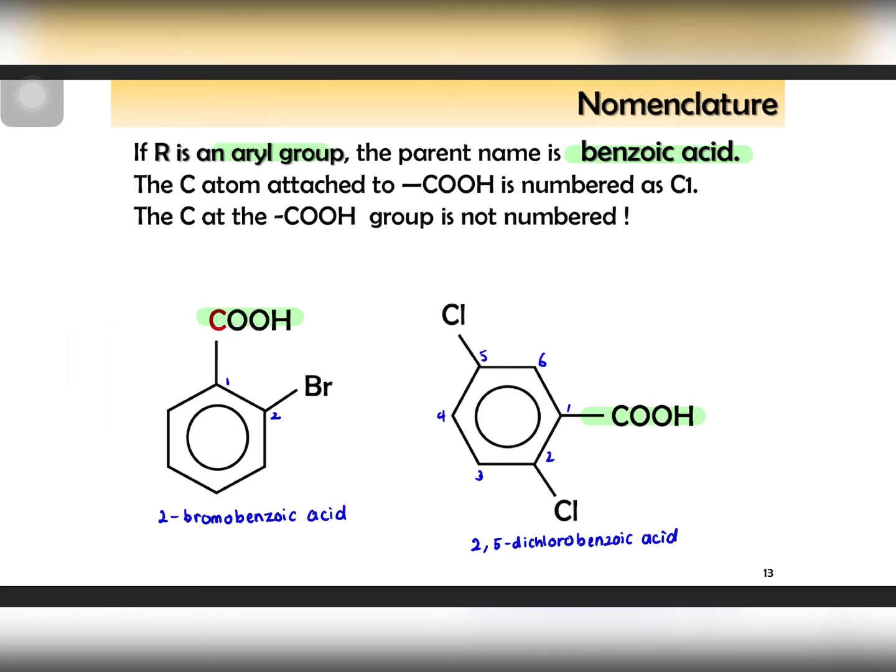Okay, so untuk benzene ring ini akan jadi carbon pertama, kedua, and seterusnya. So remember that carbon atom daripada benzene ring attached to COOH, so ini will be numbered as carbon 1. So carbon at COOH di sini tak perlu numbering.